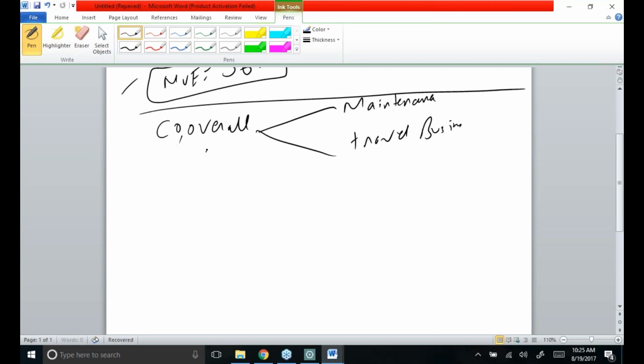Overall beta is given, maintenance beta is given. We have to calculate the travel beta, because after disposing of the maintenance business, you are now in a travel business. So the first step will be to ungear the overall beta equity of Murada Co.